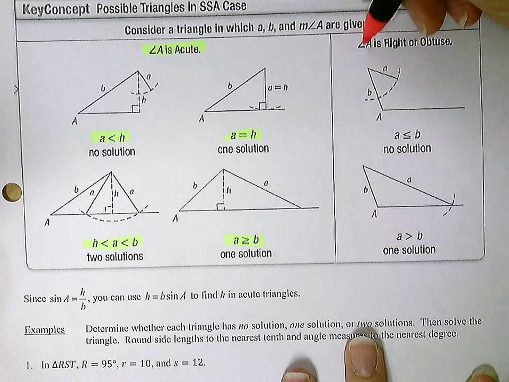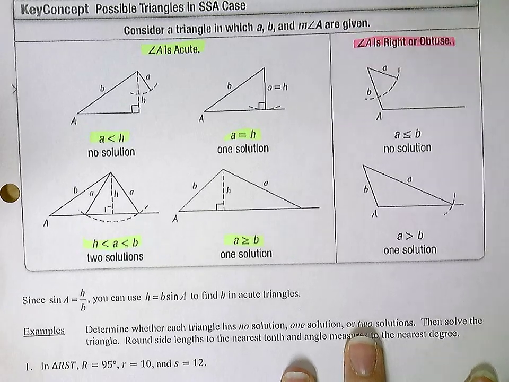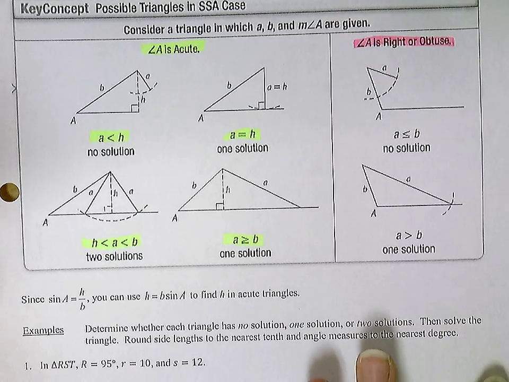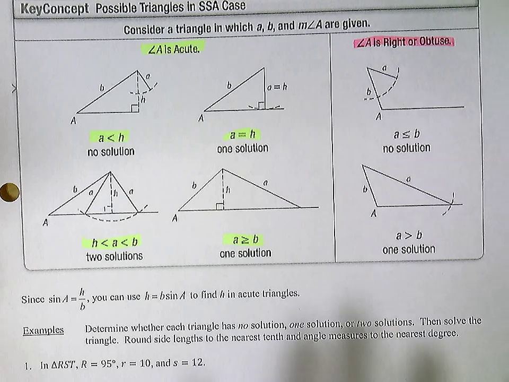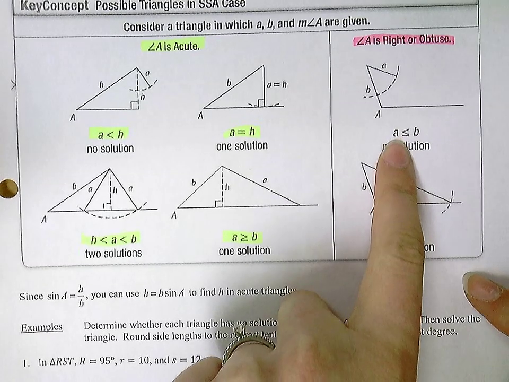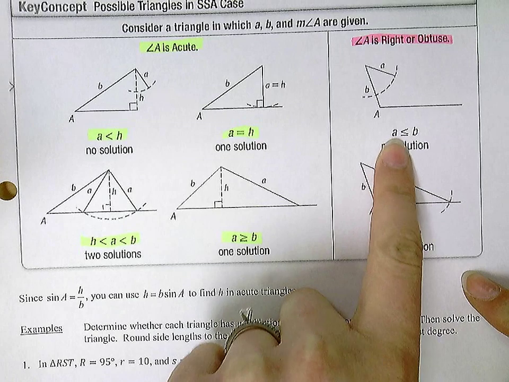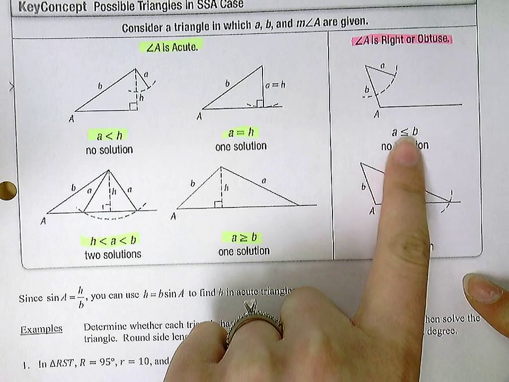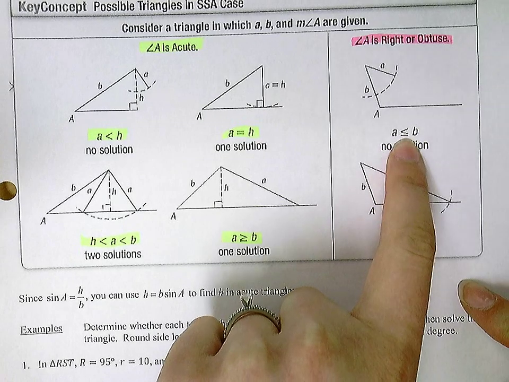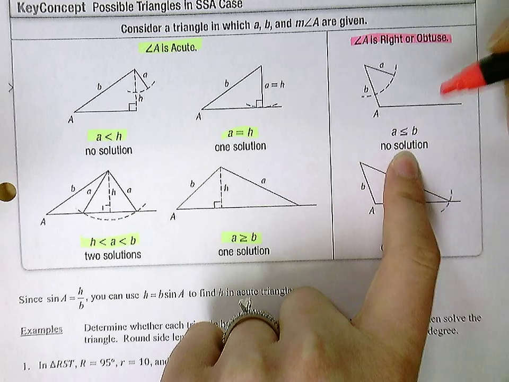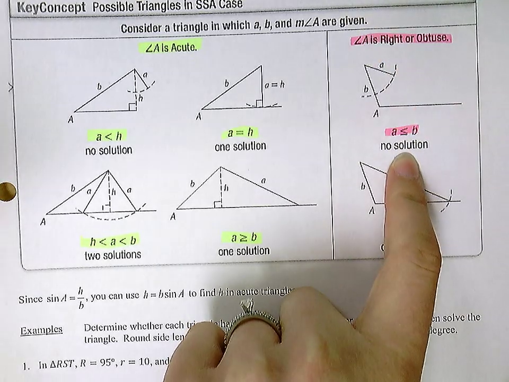Now if your angle is right or obtuse, so it could be a right angle, meaning it's 90 degrees, you need to look at your side opposite the angle you're given, which is a. If it's less than the other side that you're given, you have no solutions.